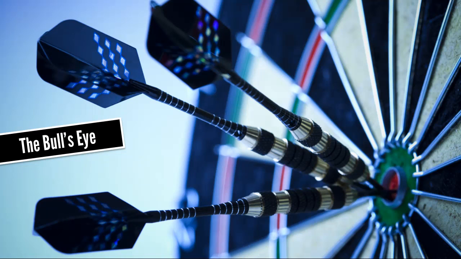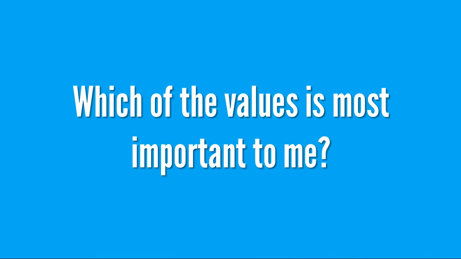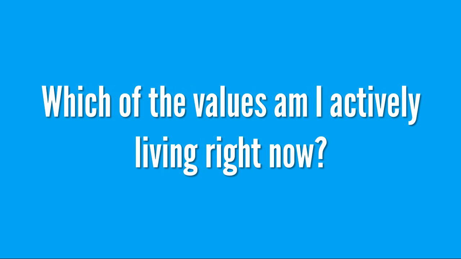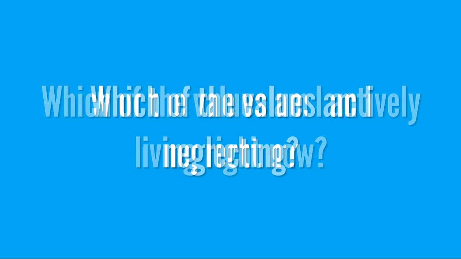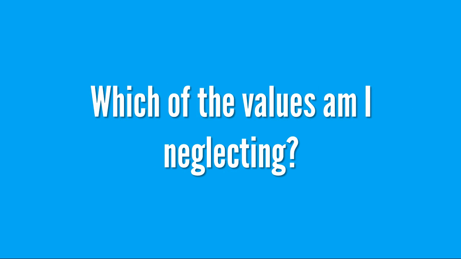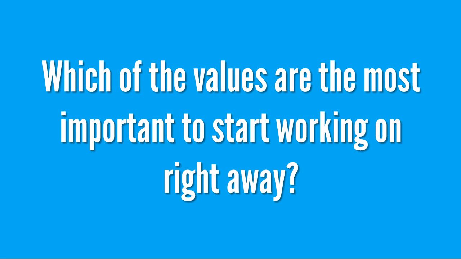Okay, so let's take a look at your answers to the bullseye. Ask yourself, which of the above values are the most important to me? Which of them am I actively living by right now? Which of them am I most neglecting? Which are the most important to start working on right away?